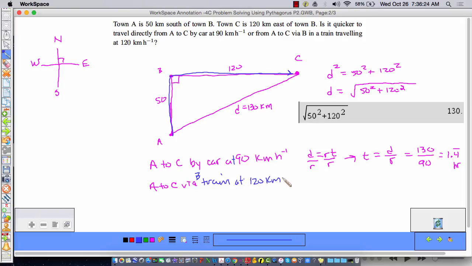Well, first we have to figure out how far that is. The distance is 170 because I go 50 kilometers plus 120. So that's a total of 170 kilometers.